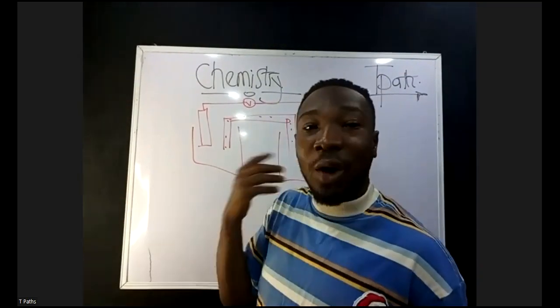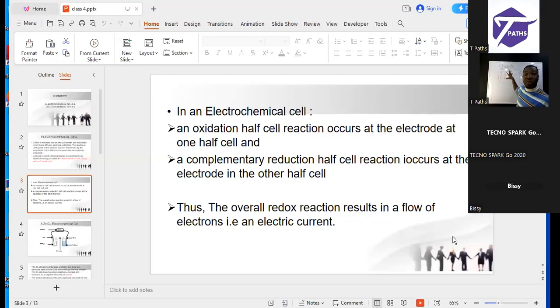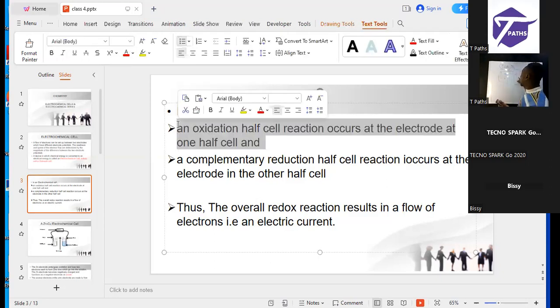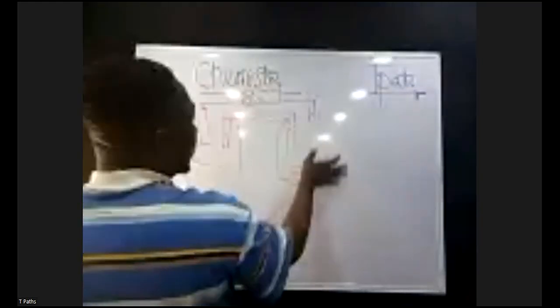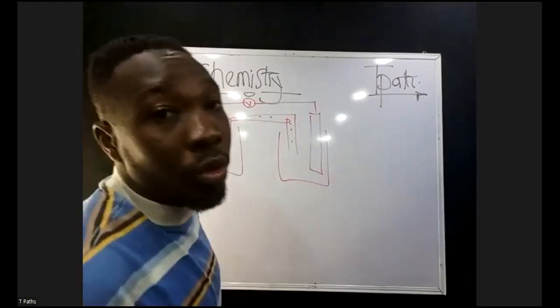Let's recall that earlier we talked about redox reactions, and in electrochemical cells, redox reactions occur. At one electrode, what goes on is oxidation. At the other electrode is reduction. The flow of ions and electrons from the anode to the cathode, the whole movement, is what leads to electric current.